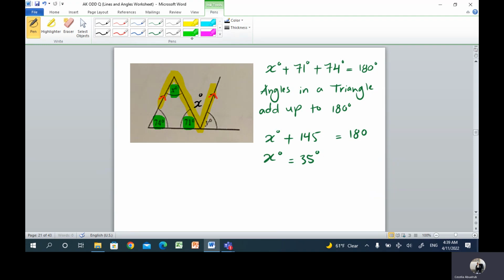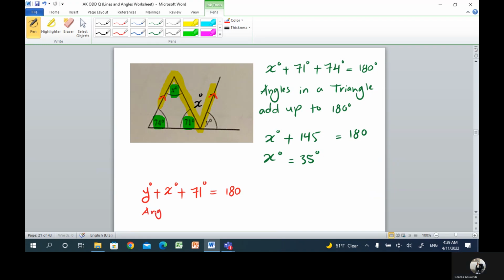Okay, so this will help us to find y. So y and x, this x here, and the 71 are angles on a straight line. So y plus x plus 71, they're equal to 180.